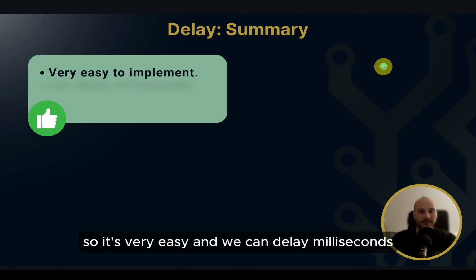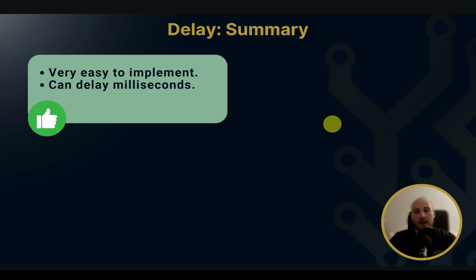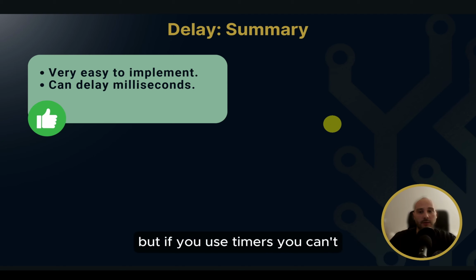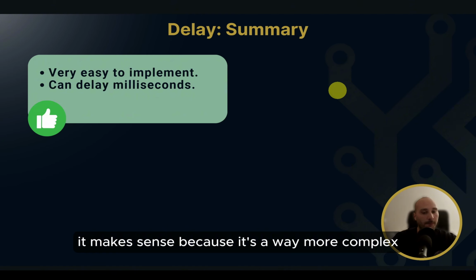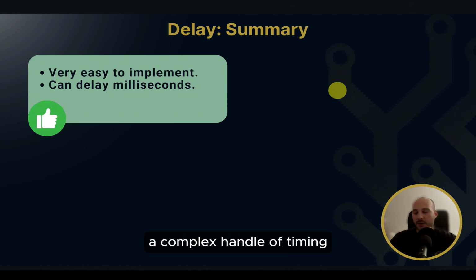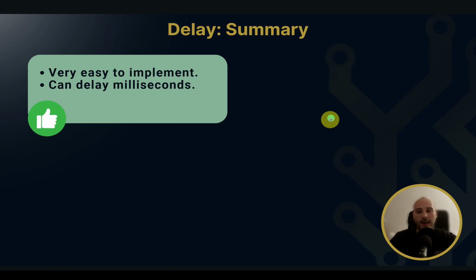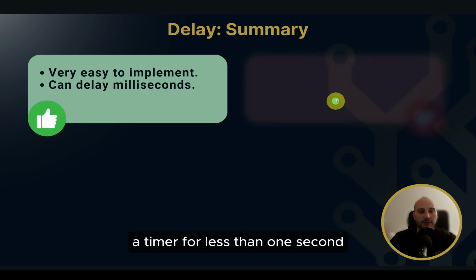So it's very easy. And we can delay milliseconds. I don't know if you paid attention, but if you use timers, you can't select a timer of less than 1 second. It makes sense because it's a way more complex handling of timing, so it doesn't make any sense to use a timer for less than 1 second.